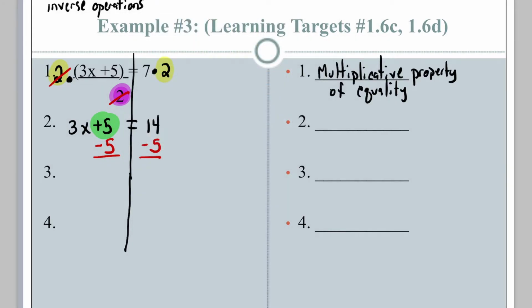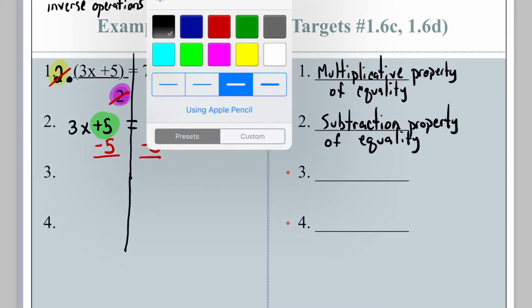And the property that allows me to do that is the subtraction property of equality. Now, anytime that you use an operation on both sides of an equal sign, you will be using the properties of equality.